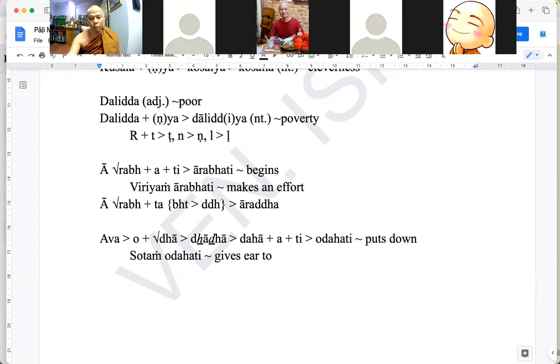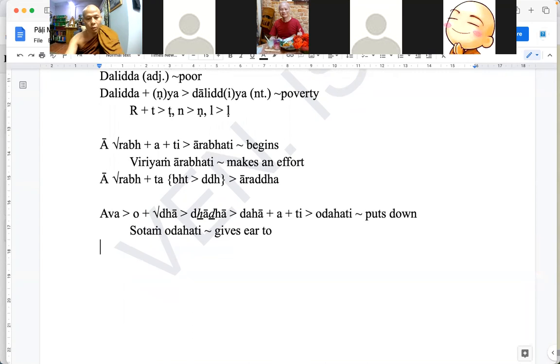The past participle form of that one also has the prefix ava contracted as o, and the root dha and the past participle suffix ta. Here dha is silent, so just ha, and the a is changed.